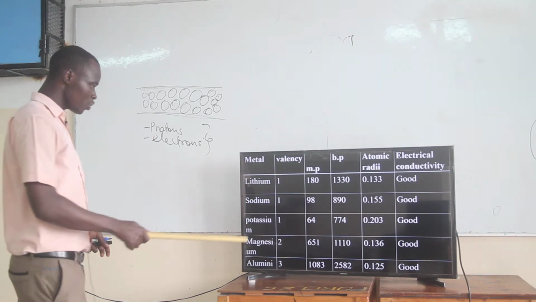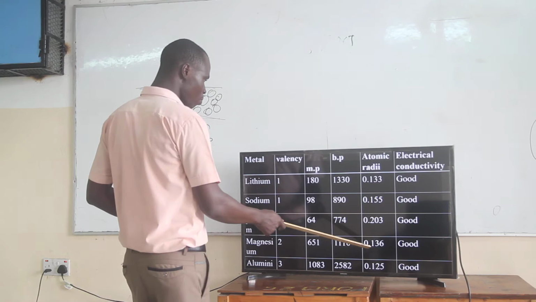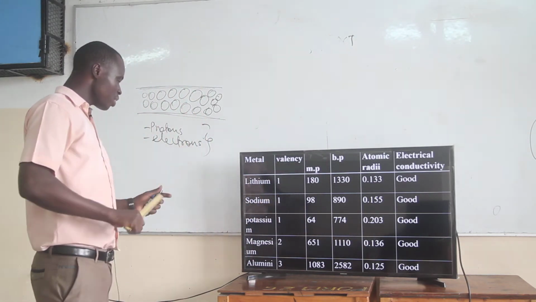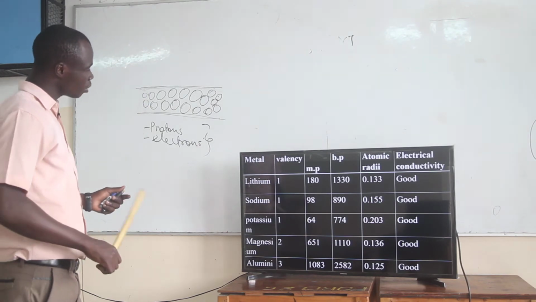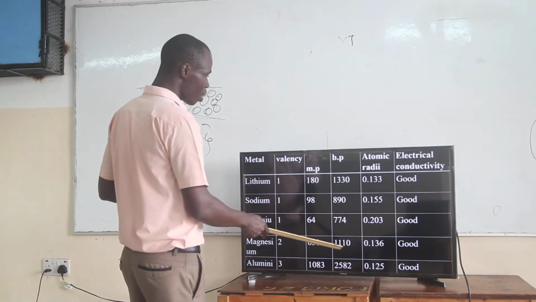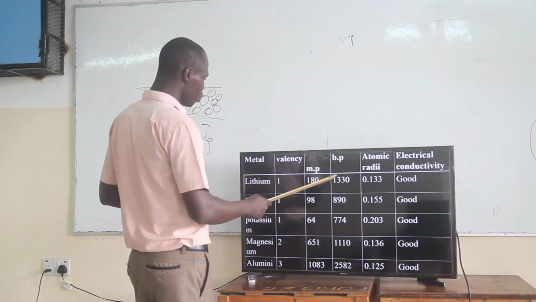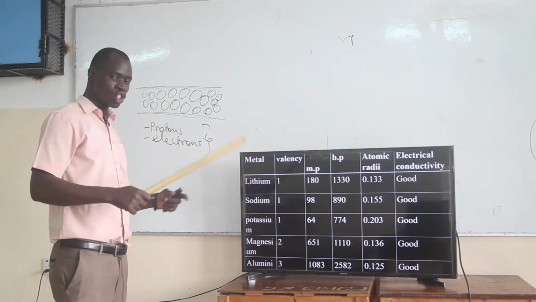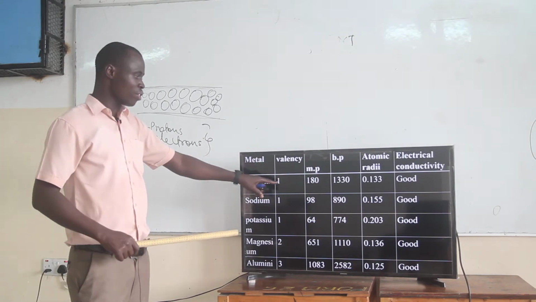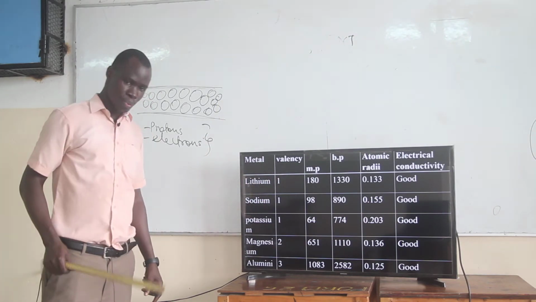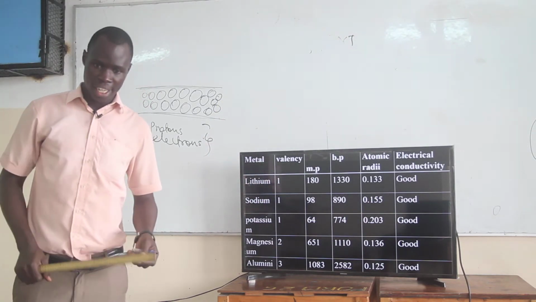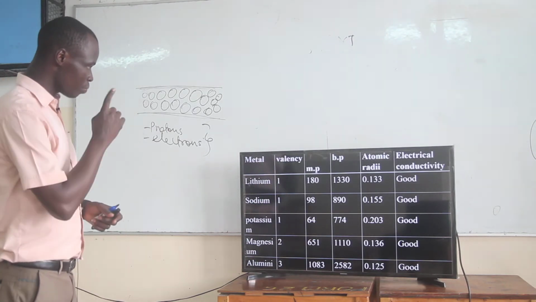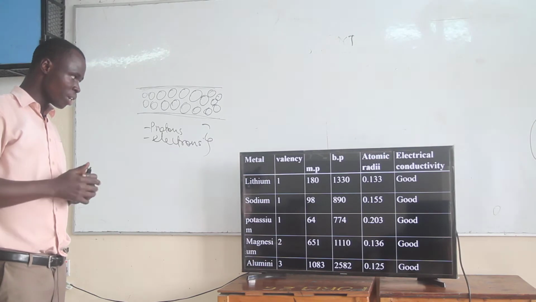So even though magnesium has a bigger atomic radius compared to lithium, the advantage that magnesium has over lithium, which makes it have a higher melting and boiling point, is that magnesium has 2 delocalized electrons used in the bonding, while lithium has only 1. So I would say that there are two things that are going to determine the boiling and melting point. The first thing is the atomic radius.